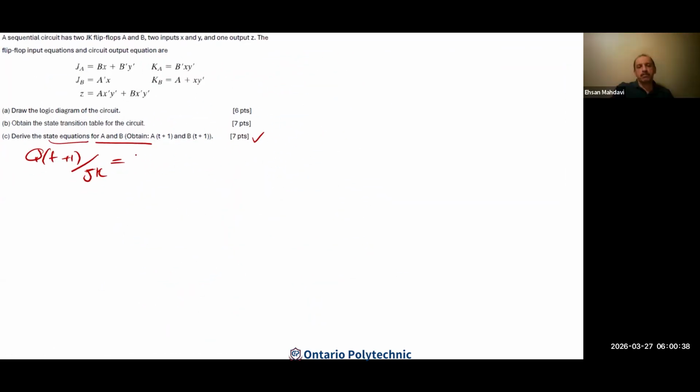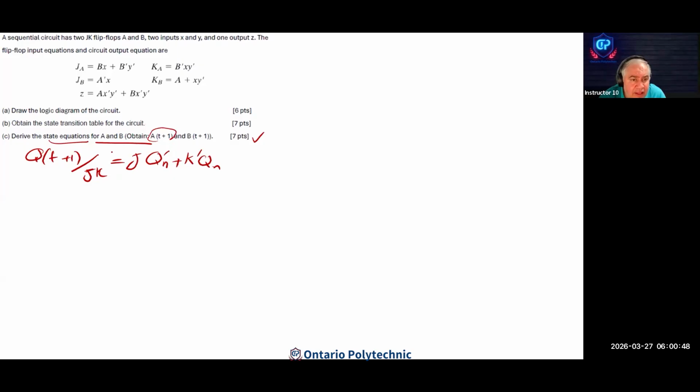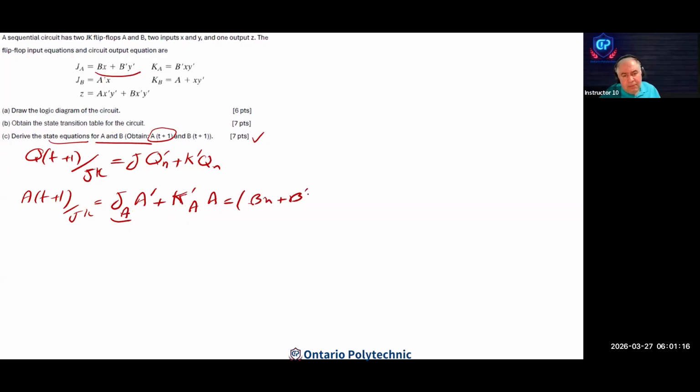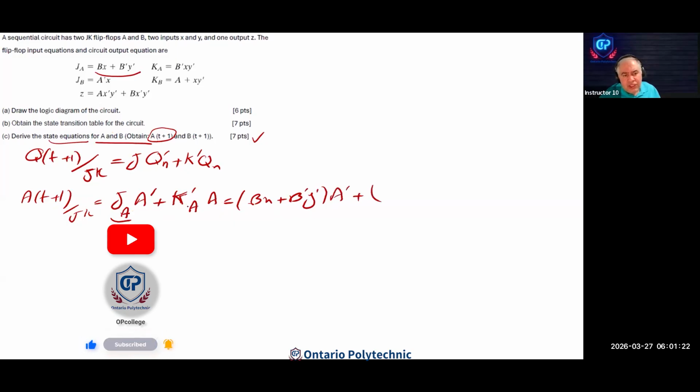J Q prime plus K prime Q. We are looking for A(t+1). A(t+1) equals J A prime plus K prime A. What is J_A here? B X plus B prime Y prime, times A prime, plus K_A prime.